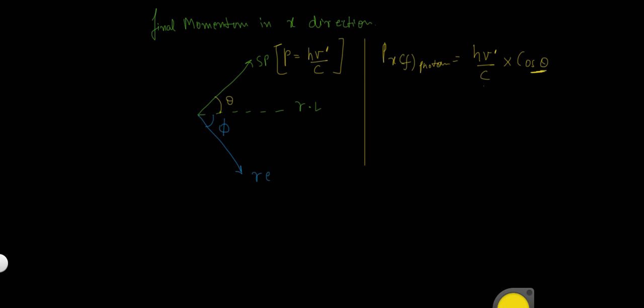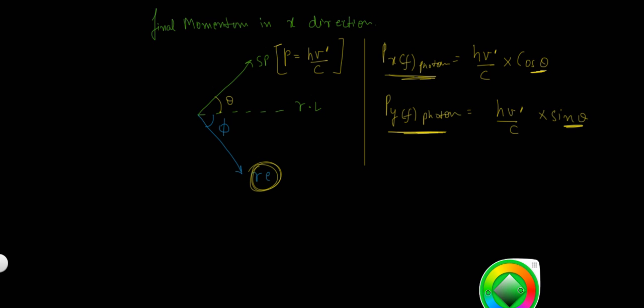This is because we have taken a component of the momentum, and similarly we can write py final of photon equals h nu dash by c into sine of theta. So this is the momentum in x direction due to the photon, and this is the momentum in y direction due to the photon.